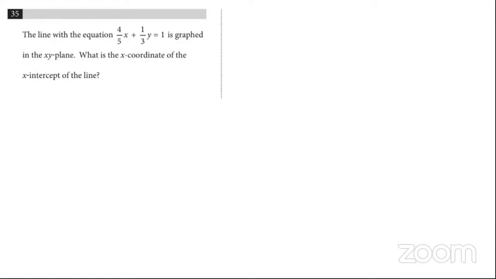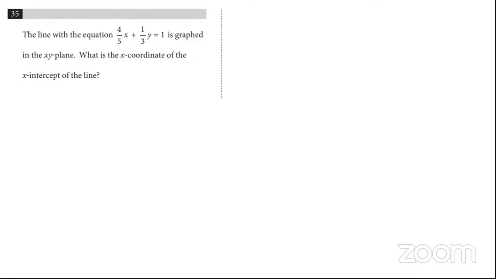So for x-intercept, what would be 0? X-intercept is basically the point at which the line cuts the x-axis, and the equation of x-axis is y equal to 0. So if we substitute y equal to 0 in the equation of our line, we'll get the value of the x-coordinate of the x-intercept.